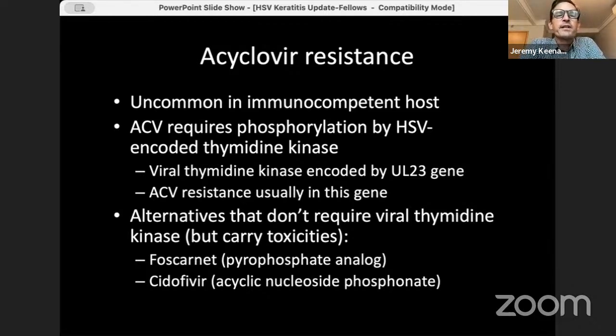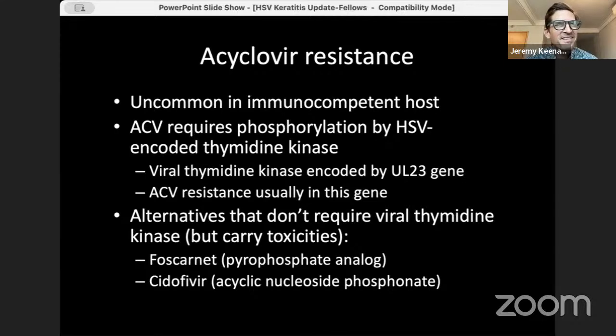So for us, if we have a patient who is on the maximum dose of Valtrex and still seems not able to clear the infection, we'll usually switch them to Famvir, which doesn't really make much sense because it's a similar mechanism of action. And like I said, if it truly was resistance, if it's resistant to valacyclovir, it should also be resistant to Famvir.